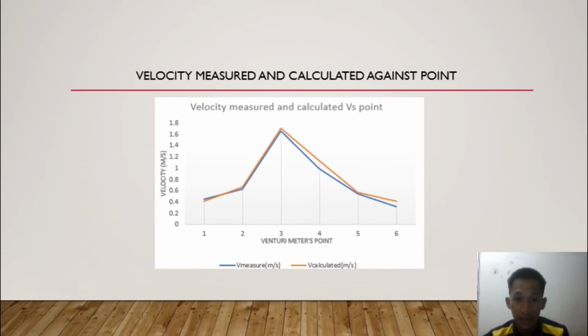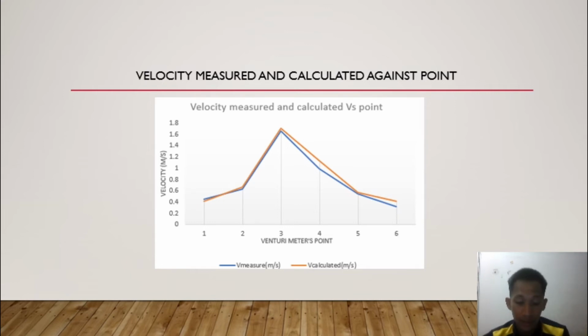Next, velocity measured and calculated against point graph. The graph of velocity against the venturimeter's points shows the velocity measured and calculated. Both data sets have a nearly identical pattern.